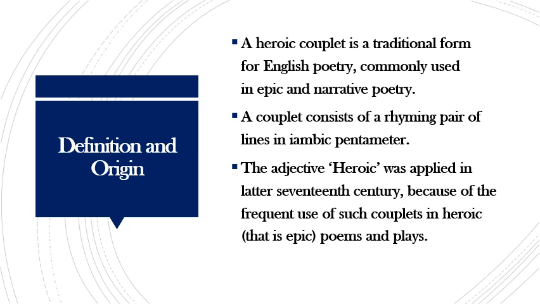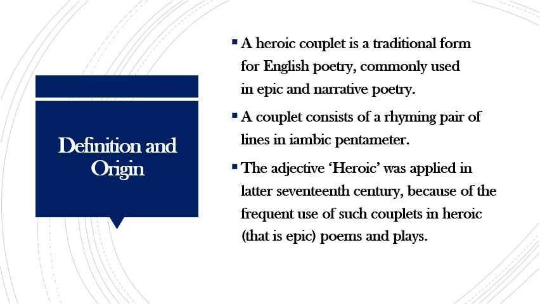Now the question is, what is iambic? Iambic is the pattern of an unstressed syllable followed by a stressed syllable. To put it more simply, iambic means that in each pair of syllables in a pentameter, the first syllable will be the weak or unstressed syllable, and the second syllable will be the stressed or strong one.